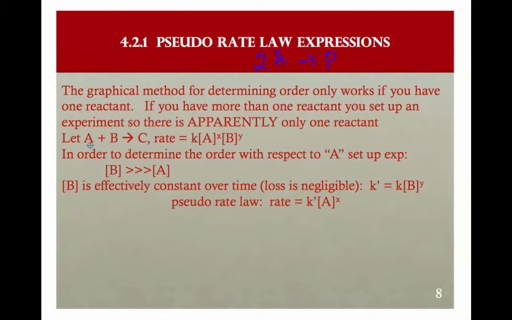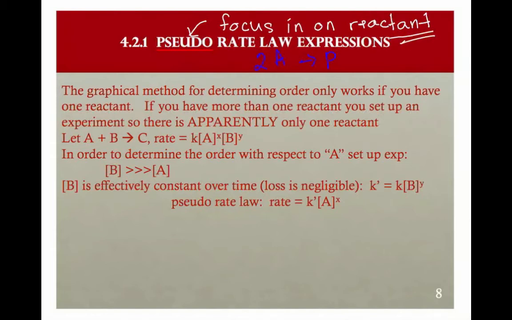What we can do is set up a situation that we call a pseudo rate law expression. What a pseudo rate law does is we focus in on one reactant. This is what you did in that crystal violet lab, and I'll use that as an example.